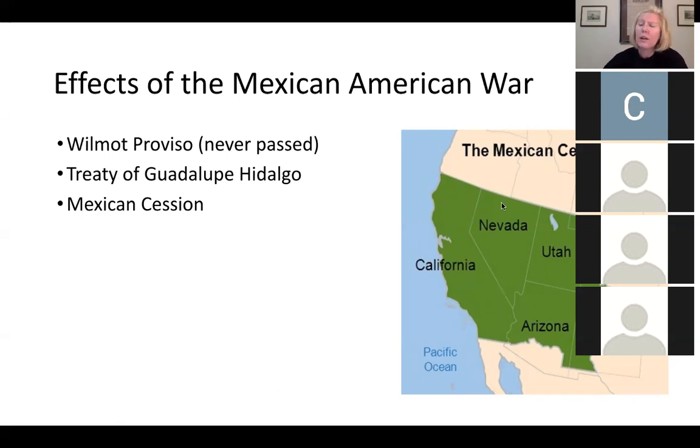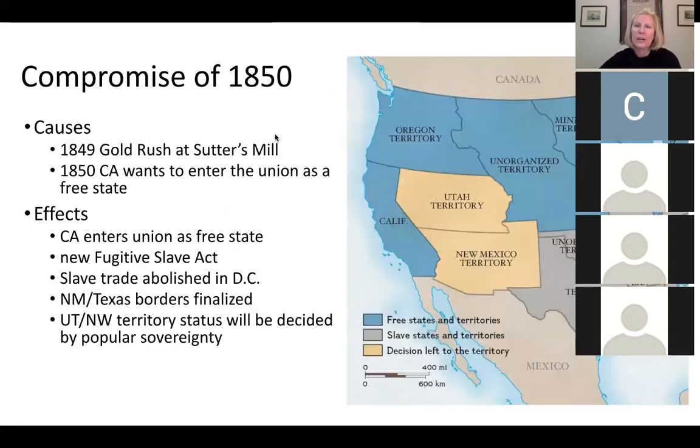So much so that we have people who believe it's going to be 30, 40 years before people really come out west to what we would call Arizona, Nevada, California today. In actual fact, it only takes about 1.5 years before we are seeing hundreds of thousands of people move west. Primarily, most of those people early on are moving into California, and especially Northern California, where they discover gold in 1849.